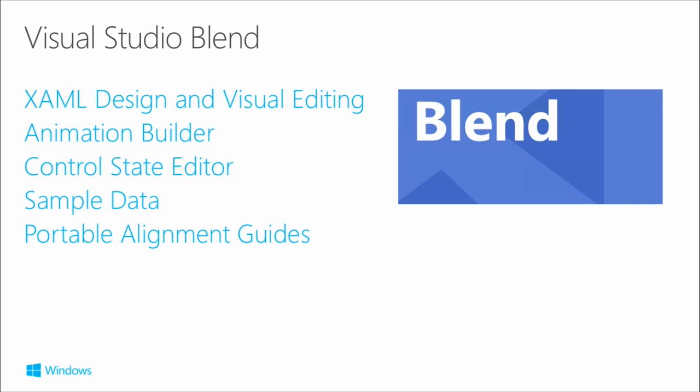Now I know you're saying I've got a visual design tool in Visual Studio. Yes, but Blend is better. They're actually running largely on the same engine, but Blend has a couple great features that you might not know about. It's got an animation builder. If you're putting together some animations inside of your XAML, Blend makes that really easy. It's got a control state editor, and we're going to look at that in the Universal project demo.